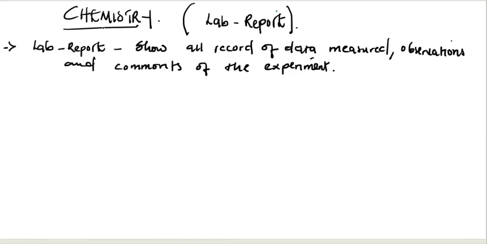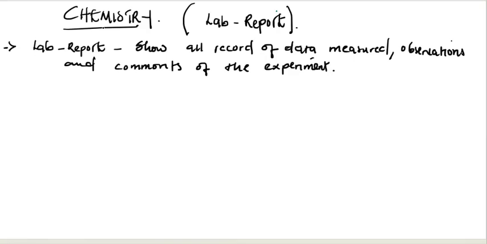Upon performing a lab or an experiment, you are expected to give detailed information of what you observed, the data that you collected, and if you did any calculation, we need to have that report of what you obtained, because for you to do the lab, it means there's something that you were doing in that experiment.